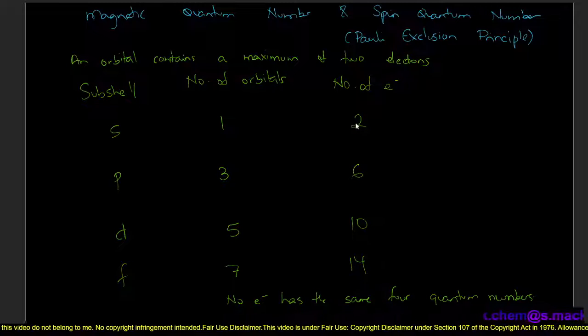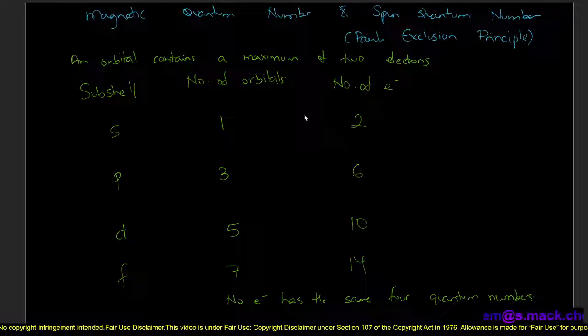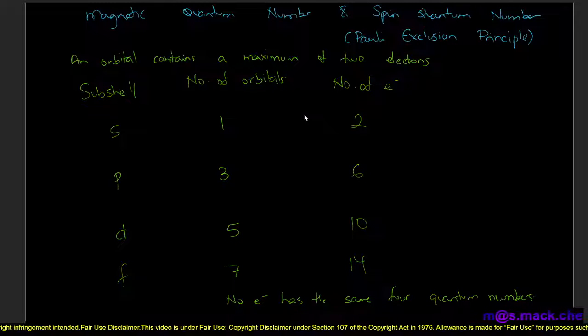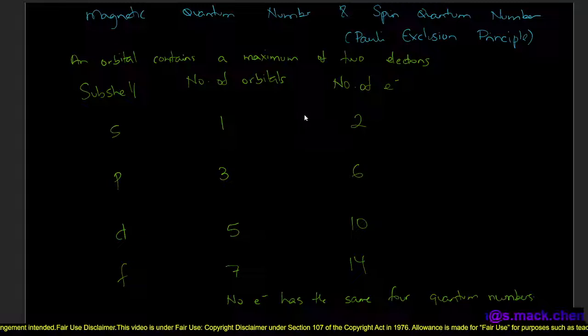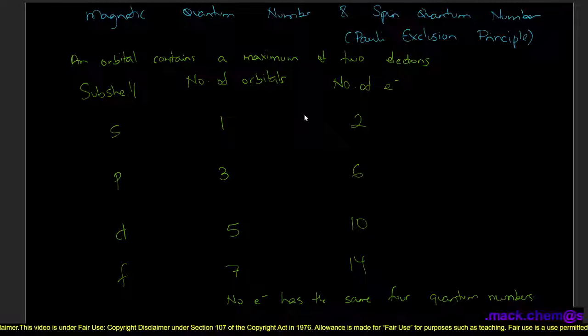If these 2 electrons are in the same orbital, how do we differentiate one from the other if they have the same principal quantum number, angular quantum number, or even magnetic quantum number? We're saying we have 2 electrons in the same S subshell. How else do they differ from one another?